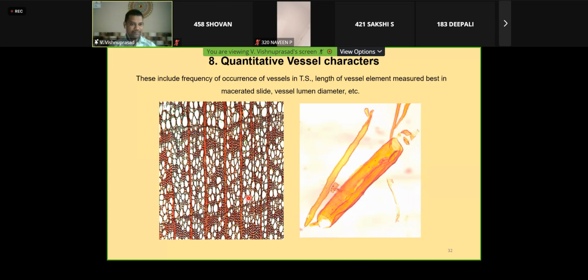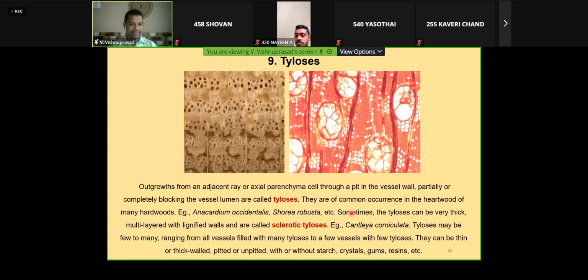Now, when it comes to vessels, this is another very interesting feature. It's called tyloses. As you know very well, in the heartwood, the conduction does not take place. The conduction generally takes place in the sapwood portion. So when the wood is in a very mature stage, and it is heartwood, the conduction has to stop. But there are vessels present there.